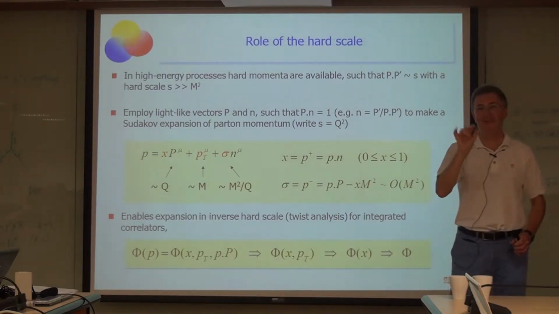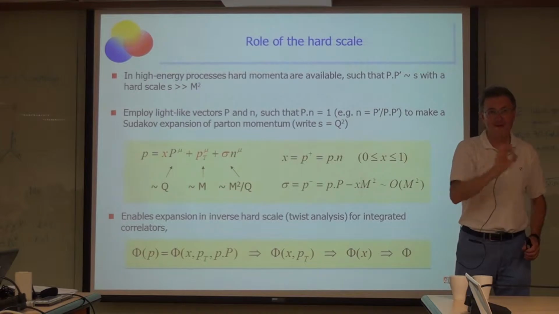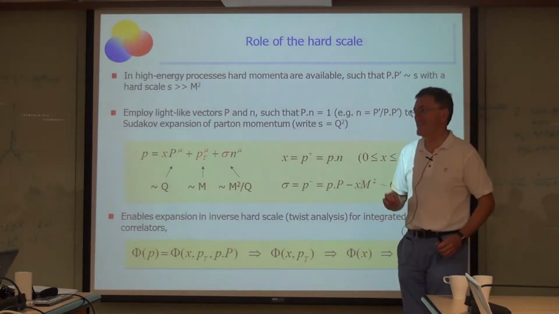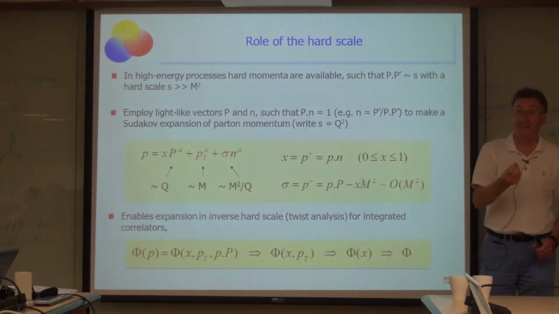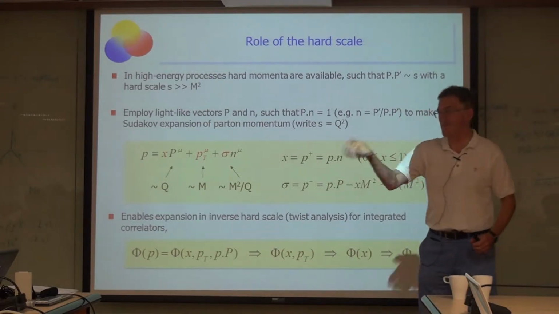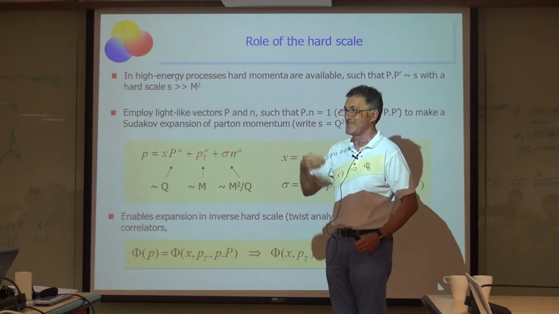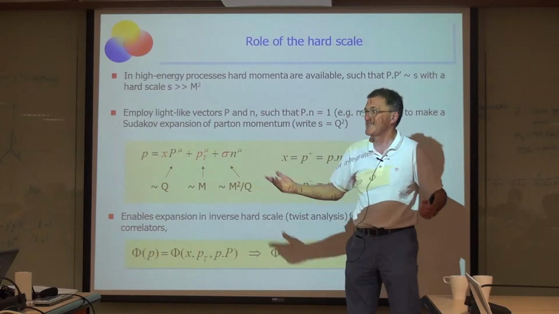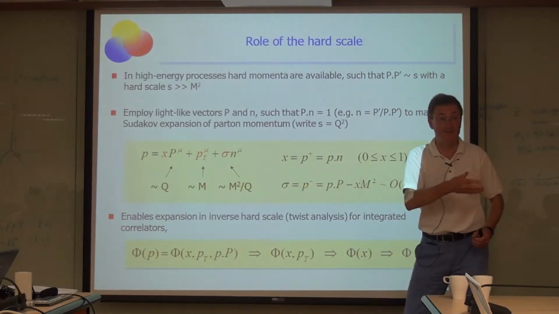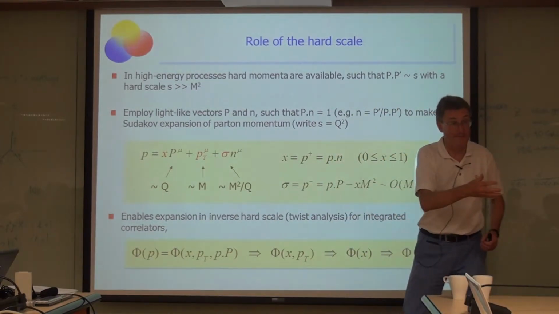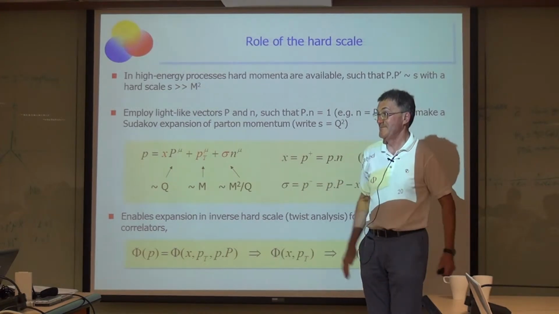Plus and minus is so trivial. A boost, at least a boost in the z direction, brings the plus direction into alpha times the plus direction, and the minus direction into 1 over alpha times the minus direction. So n plus goes to alpha n plus, and n minus goes to 1 over alpha n minus.